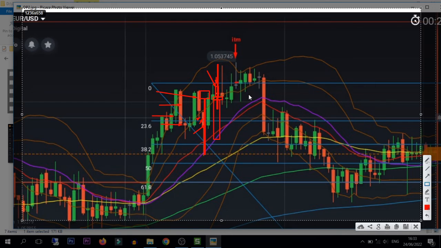And then I'm waiting, and then this one appears. Again like an inverted bullish hammer, but again not crossing the 61.8 level.